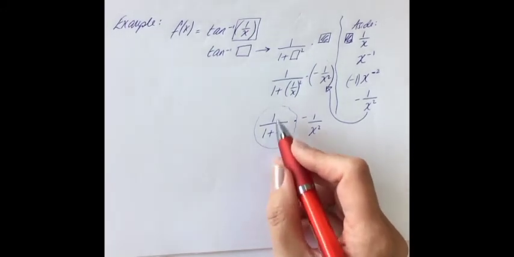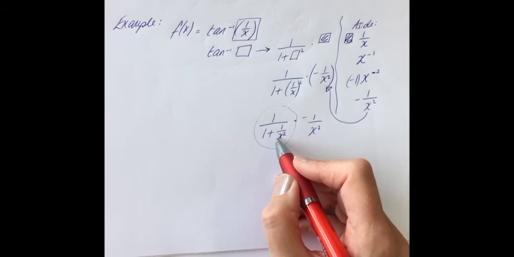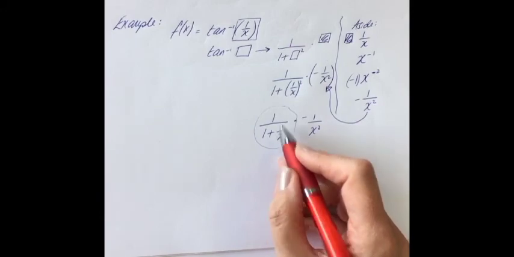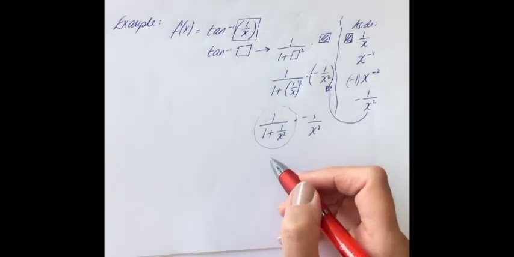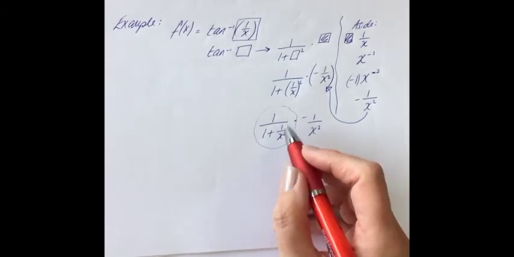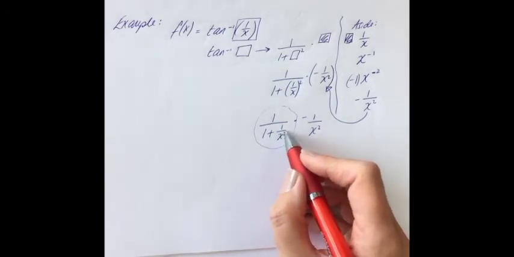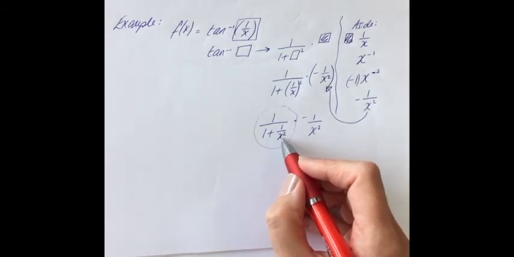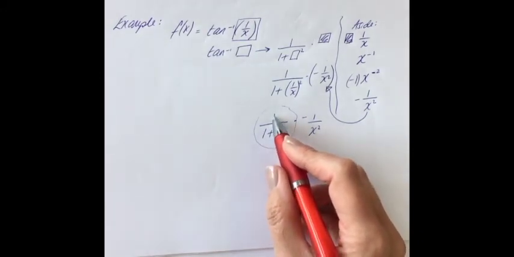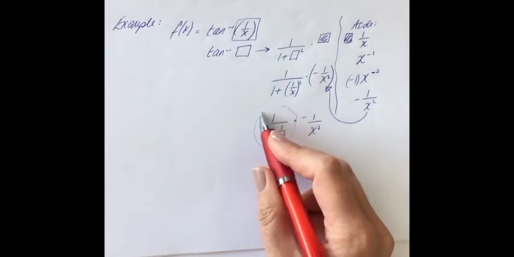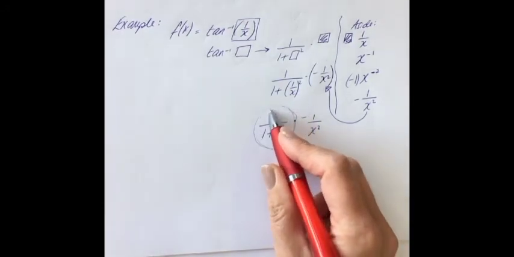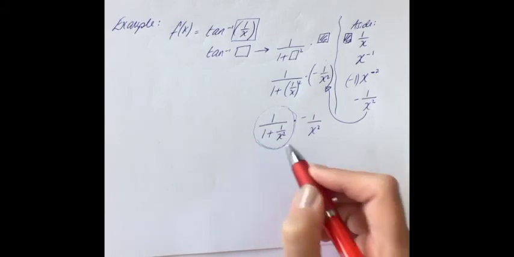So what I'm going to do to make it an equivalent fraction, remember with equivalent fractions, all you need to do is do the same thing to the top and the bottom, and you don't change the fraction value. So because I want to get rid of this denominator of x squared, I'm going to multiply everything on the top by x squared and everything on the bottom by x squared. And then that will not change my equivalent value of this overall fraction.